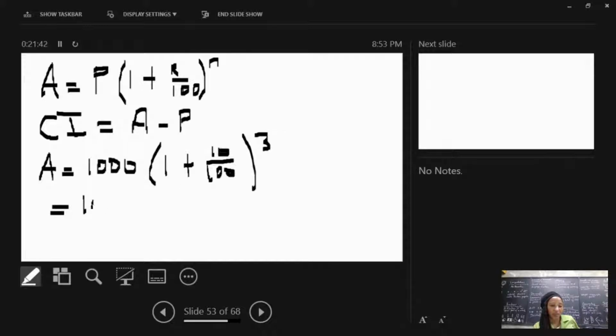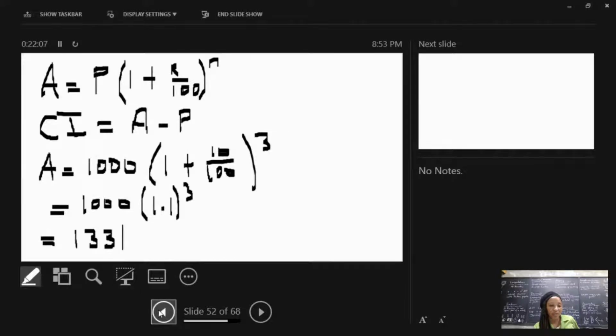So it's 1,000 times 1 plus 10%, which is 0.1. So that's 1.1 raised to the third power times 1,000, and that gives 1,331.